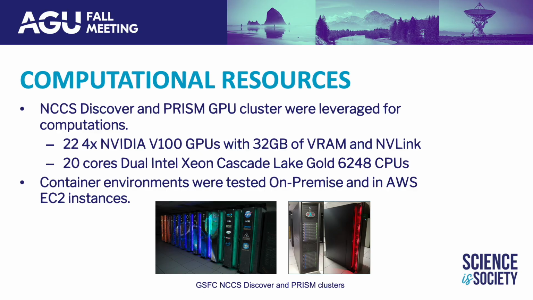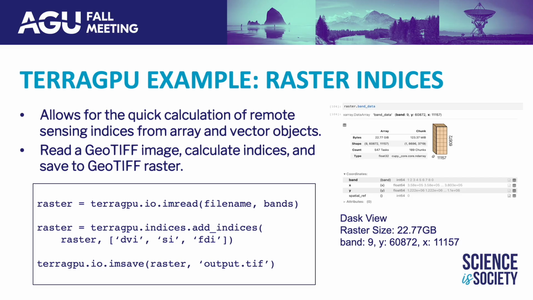One of the examples, and this is just a simple example, is calculating indices on a GeoTIFF. Note that we only have 3 lines of code in there. First, we read the data. This data in particular has 60,000 pixels on Y and 11,000 pixels on X. This is 1 meter resolution data. We then calculate the indices.